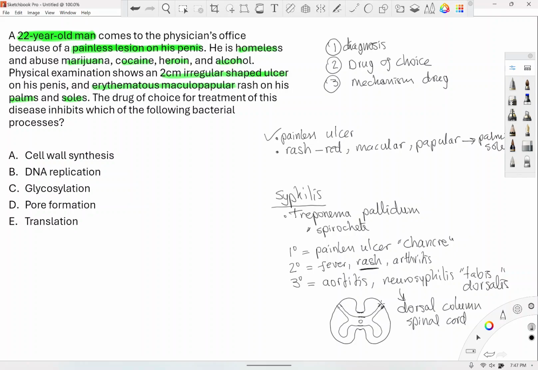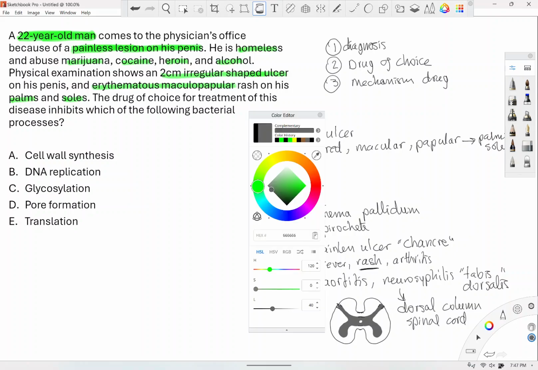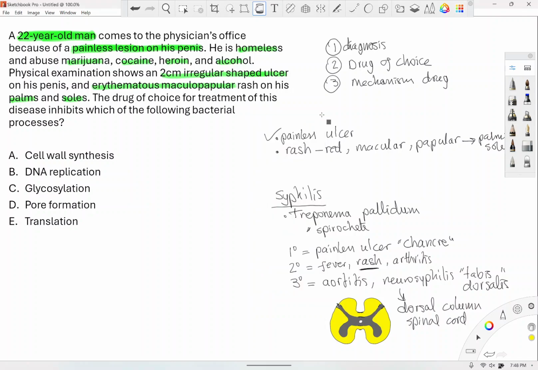White matter and gray matter. So in the spinal cord, this would be the gray matter and the rest would be white matter. And I'll use yellow for white matter so that way we can differentiate. Okay, so that's the cross section of the spinal cord.